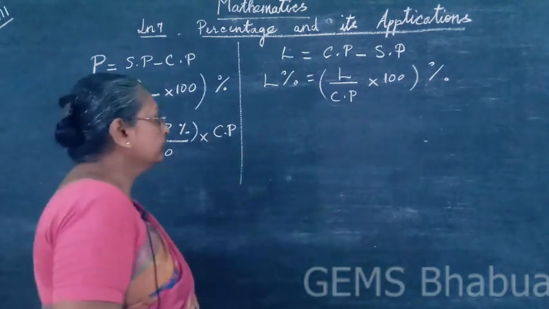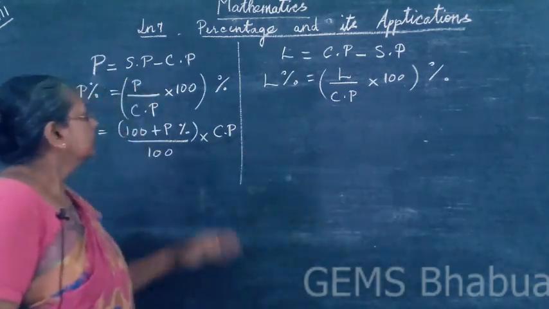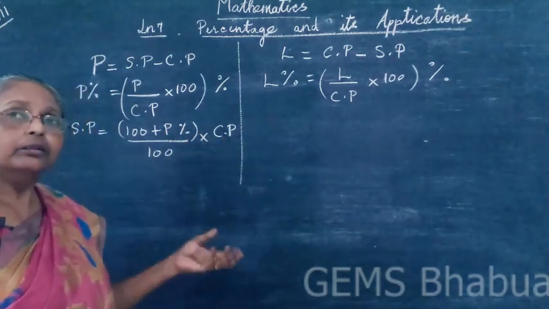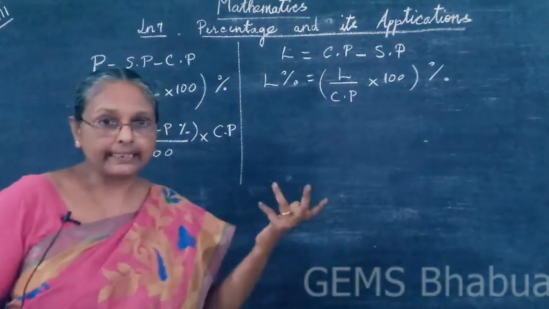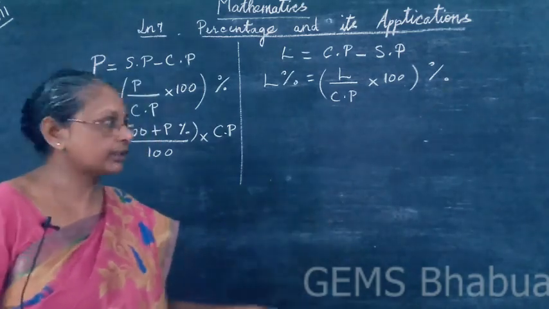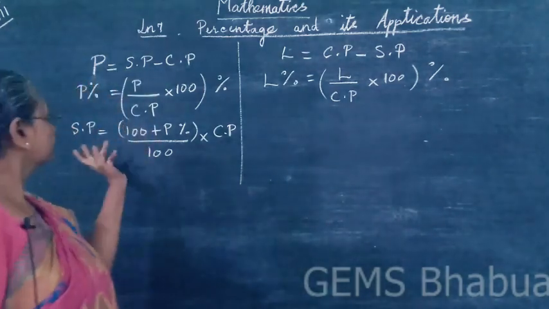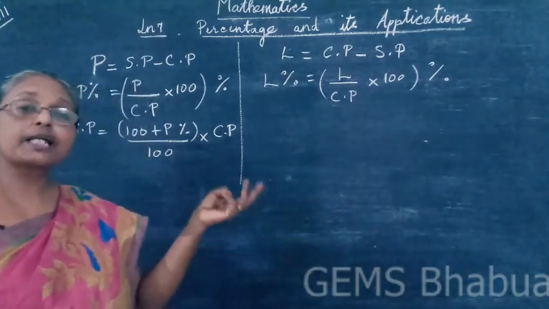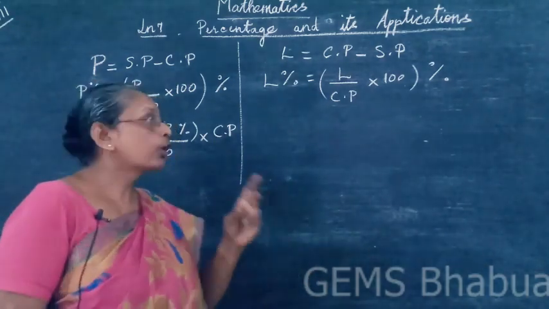In the same way, suppose you are given loss percentage and selling price. How to find cost price?